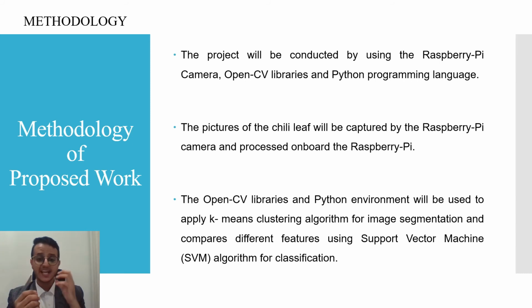The k-means clustering is used for image segmentation. The k-means clustering algorithm can segment the background, healthy part, and unhealthy part of the leaves. After segmentation is done, two different types of features are obtained from the segmented images, such as texture features and shape features.